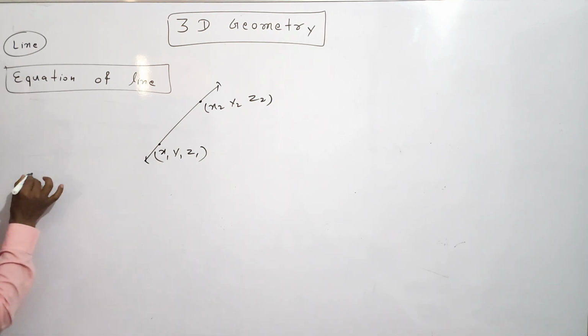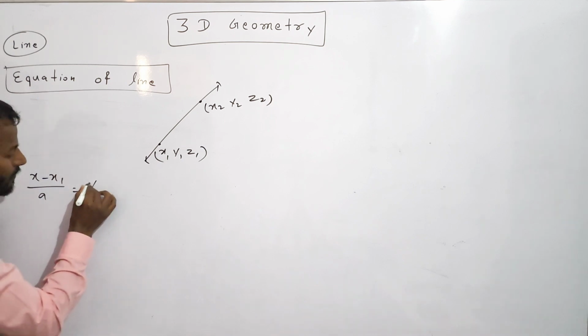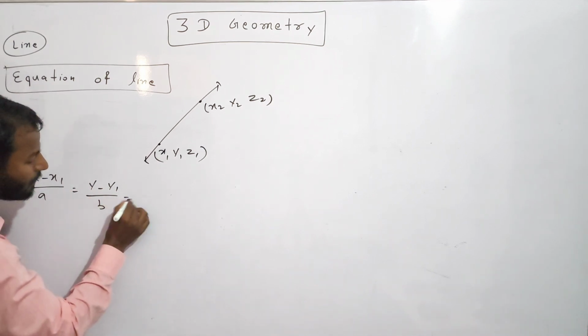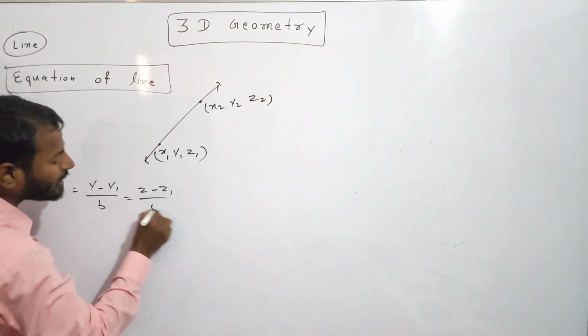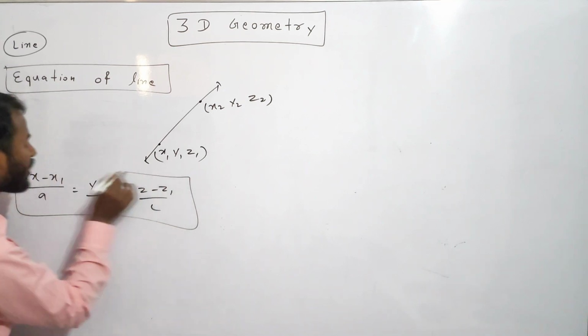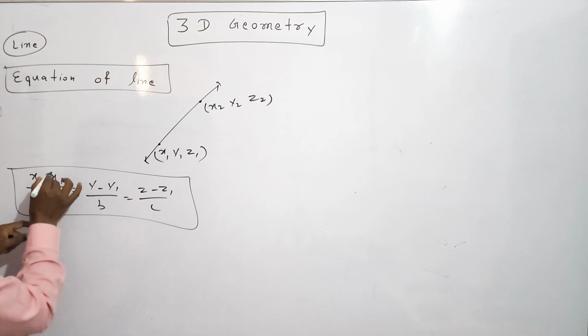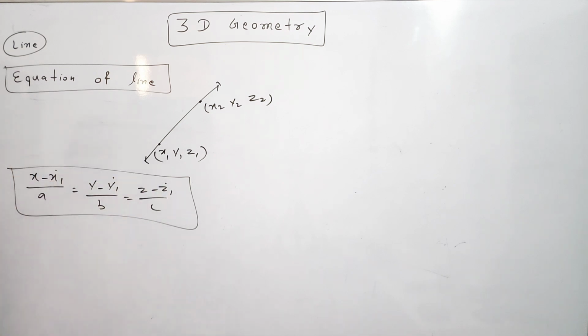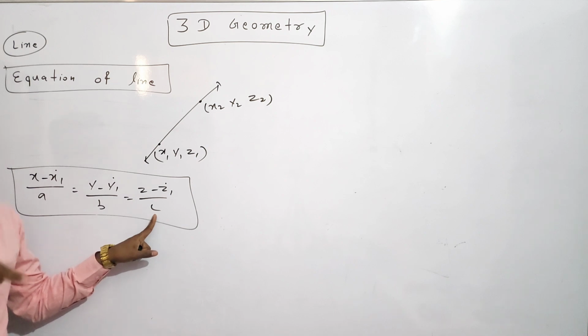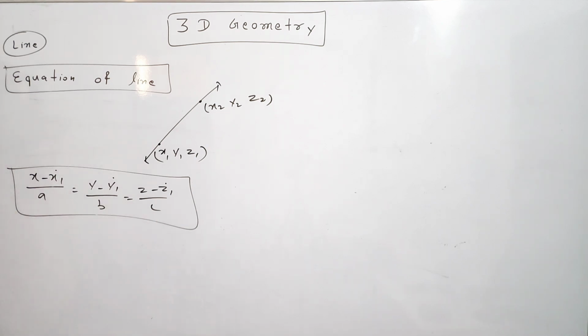In the last method, we have x minus x1 by a, y minus y1 by b, z minus z1 by c. This is the equation of line. Whenever one point is given, x1, y1, z1 is the one point, and a i cap, b j cap, c k cap is the parallel vector. Here we have two points, but no direction, no parallel vector.